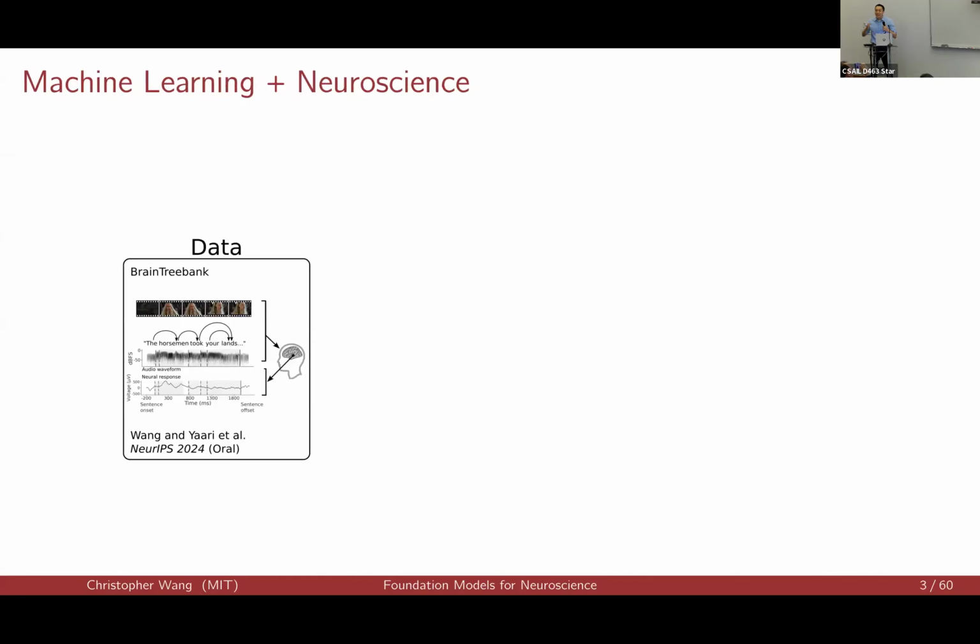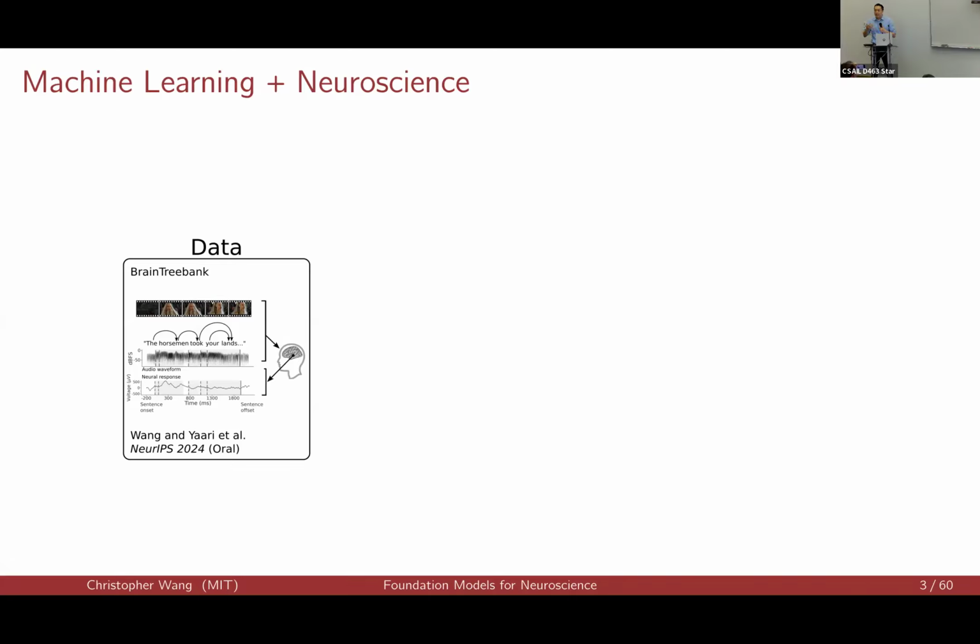So, this is a very broad thesis, and to give this talk some structure, I've broken things down according to the stages of the modern deep learning pipeline. And then, at each one of these stages, I'm going to talk about a project we're doing, an effort we're making to import advances from machine learning into advances in neuroscience. So I'll talk about data.